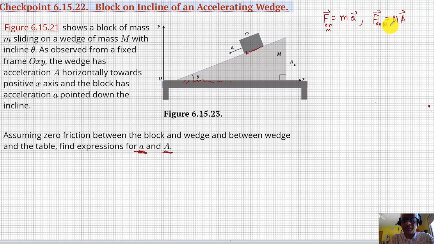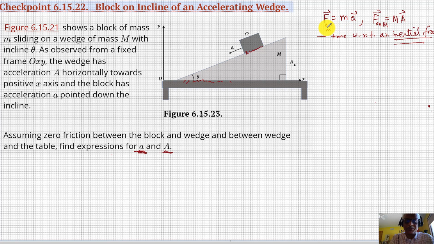So these were the laws applied, but this expression is true with respect to an inertial frame. For instance, if I were using a coordinate for this small block that was moving with the big block, then this would not apply.